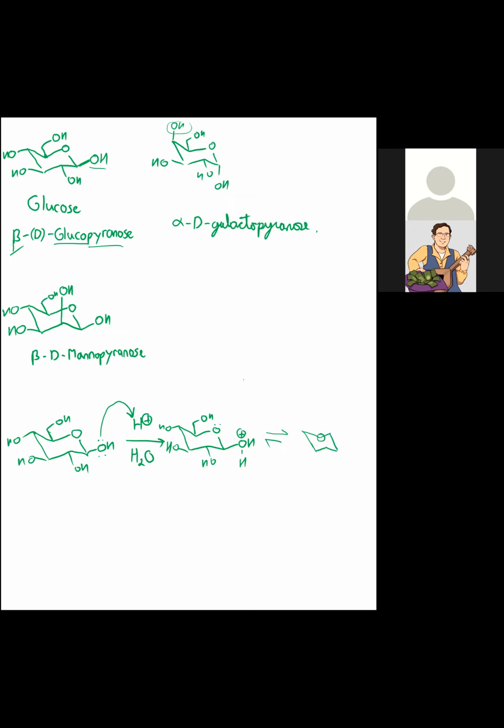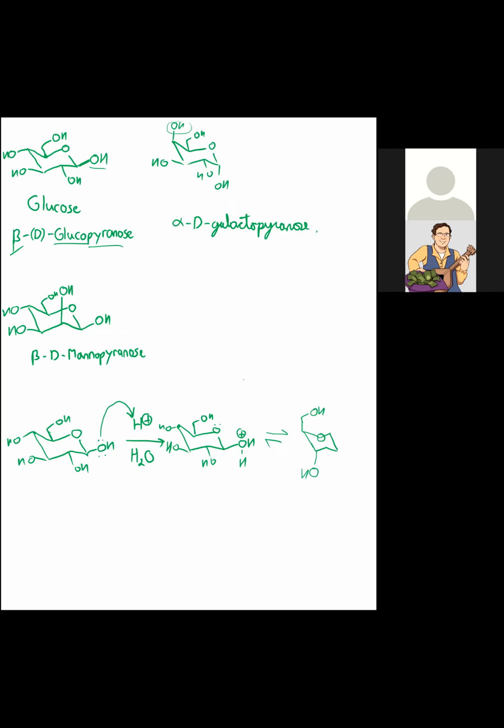So again, if you need a reminder on how best to draw these, the best way to do a ring flip is slide every atom over one atom. Slide everything over one position. So the C6 is now axial instead of equatorial, and it's still up. The C4 here is now axial instead of equatorial.